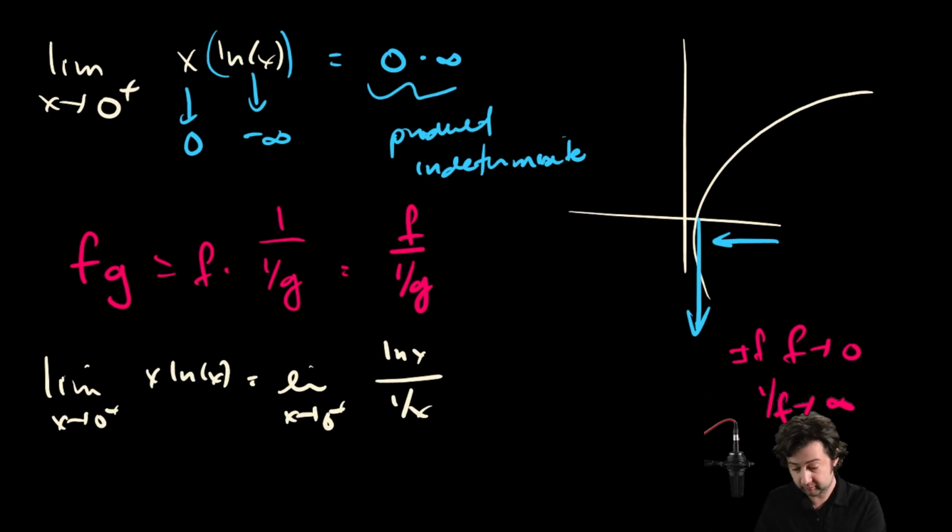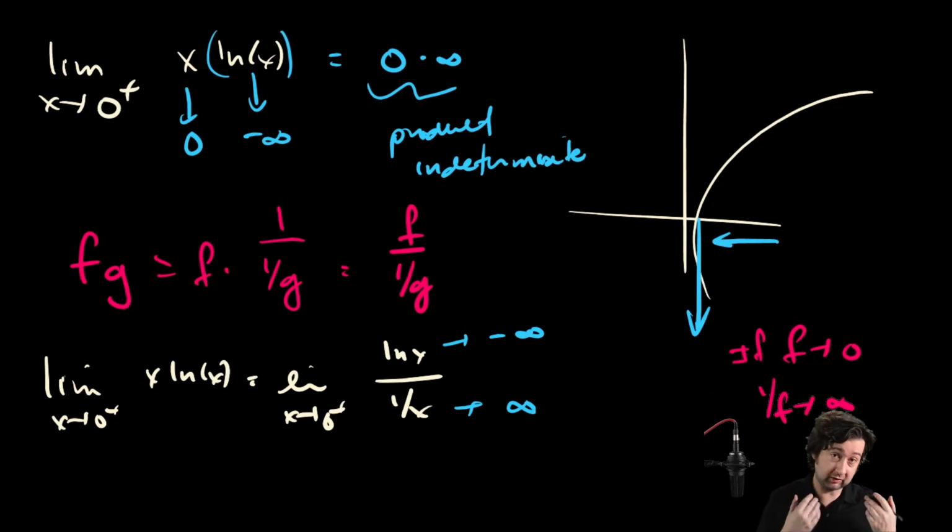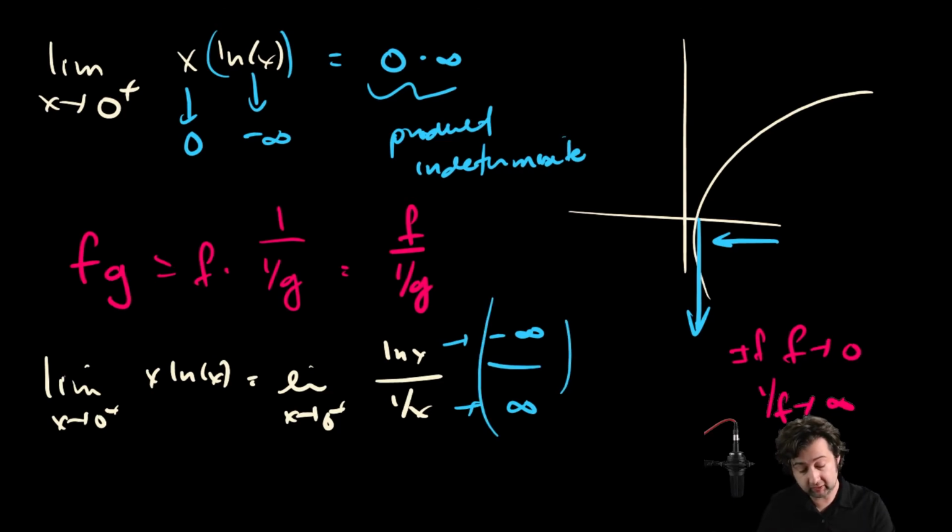So let's see. The top here tends to negative infinity as x goes to 0. And the bottom tends to infinity as x goes to 0. If x goes to 0, 1 over x goes to infinity. So this is an infinity over infinity form, and that means I'm justified in using L'Hopital's rule.